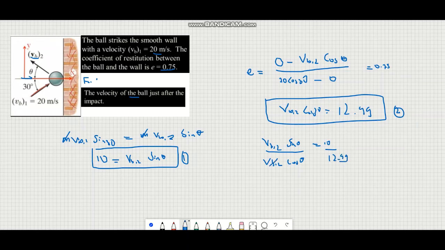So we know that this guy is gone. Sine theta over cosine theta is tangent theta. Tangent theta is gonna be 10 over 12.99.